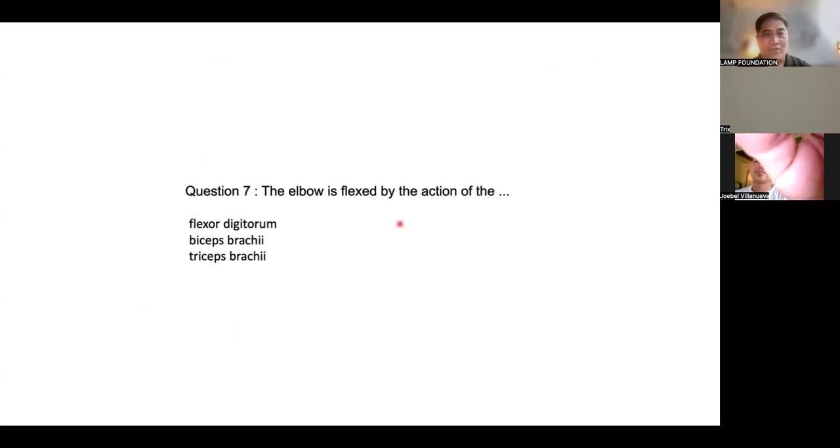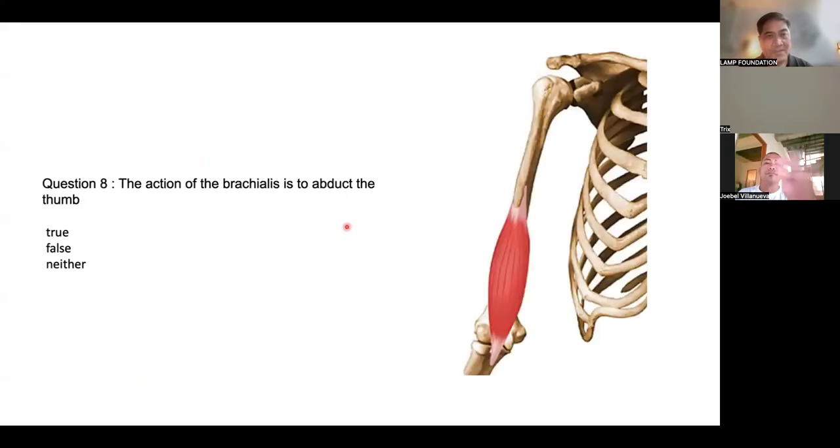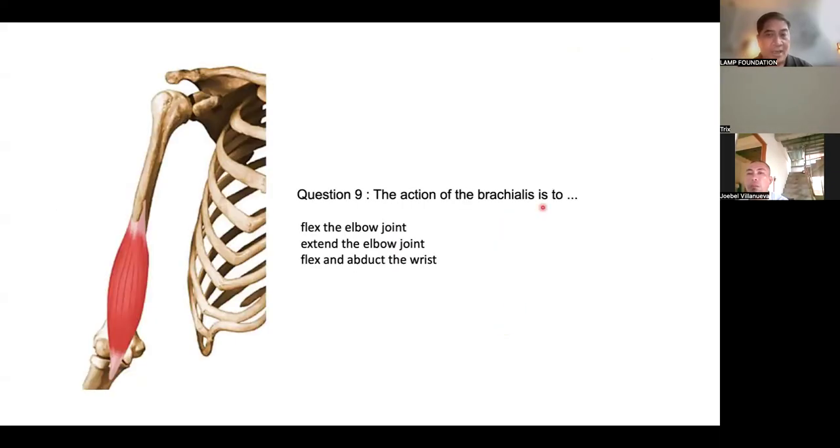The elbow is flexed by the action of the biceps brachii. The action of the brachialis is to abduct the thumb. True or false? False. Because the brachialis strongly flexes the forearm at the elbow joint. The action of the brachialis is, I just said it earlier.